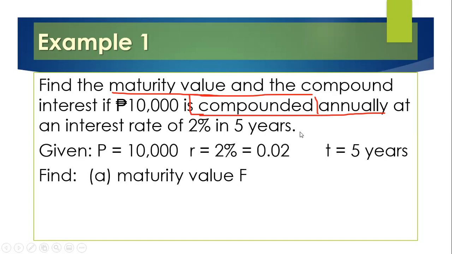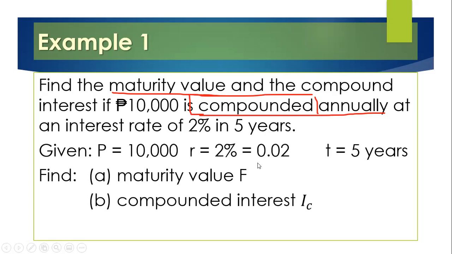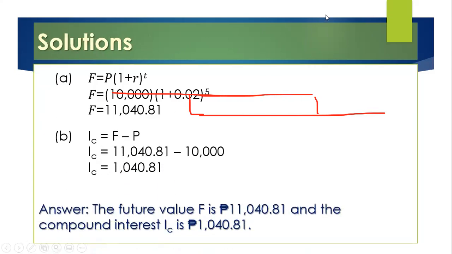We have to find A, maturity value F, and B, the compounded interest I sub C. Okay, so for our letter A, substitute lang natin sa formula. So F is equal to P times 1 plus R raised to T.